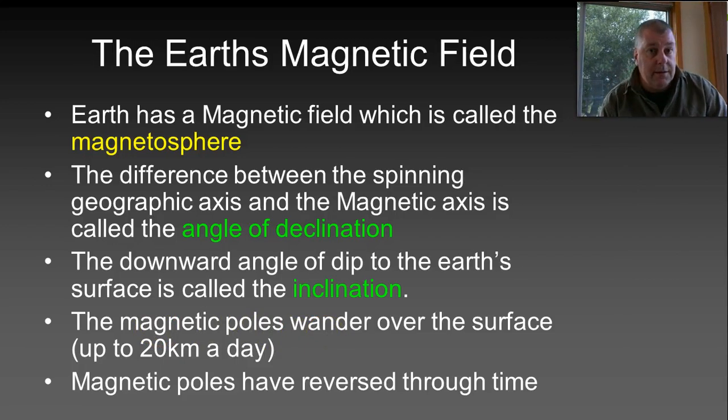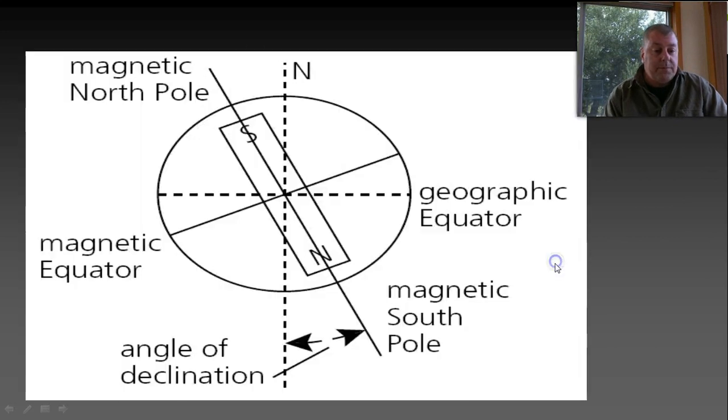Well, not as dynamic as say the Sun's magnetic field, but it still is quite dynamic. The poles can actually wander, whereas the geographical poles are pretty fixed. The Earth does wobble a little bit, but not nearly as much as the magnetic field wobbles. And the magnetic poles have actually reversed through time. So there's been polar reversals, and we'll talk about that when we talk about some of the things about geomagnetism.